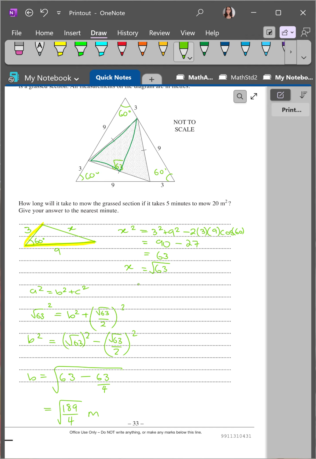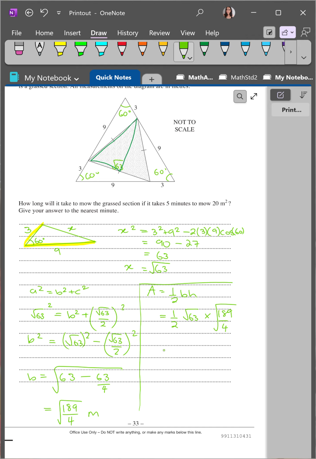Okay, now that we've got that, let's section this off. Now we want to do the area equals half the base times the height. So the area equals half of the base, which was the square root of 63 for the whole base, times the height, which is the square root of 189 on 4.